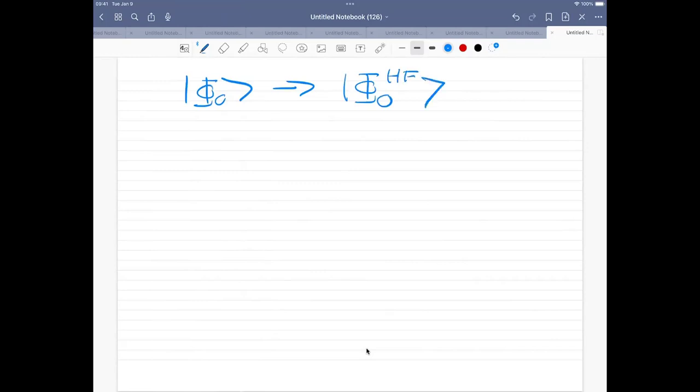And the hope is that this expectation value of H in phi 0 Hartree-Fock, since this is going to be derived using the variational principle, is going to be larger or equal to the exact energy.